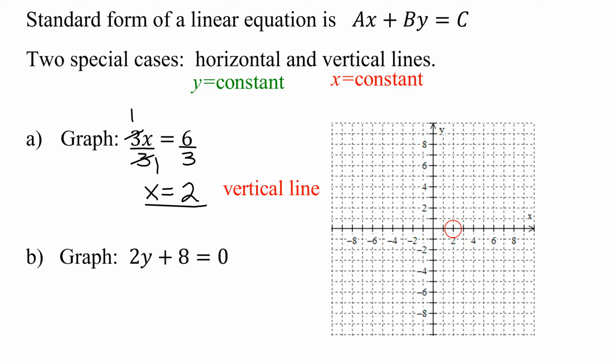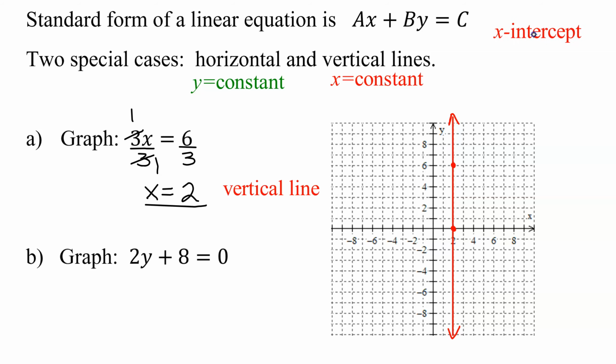So when x equals 2, y equals 0. Let's have another point when x equals 2. Let's have y equals 6. So now I can draw my vertical line. There's my vertical line, and we put arrows on both ends.